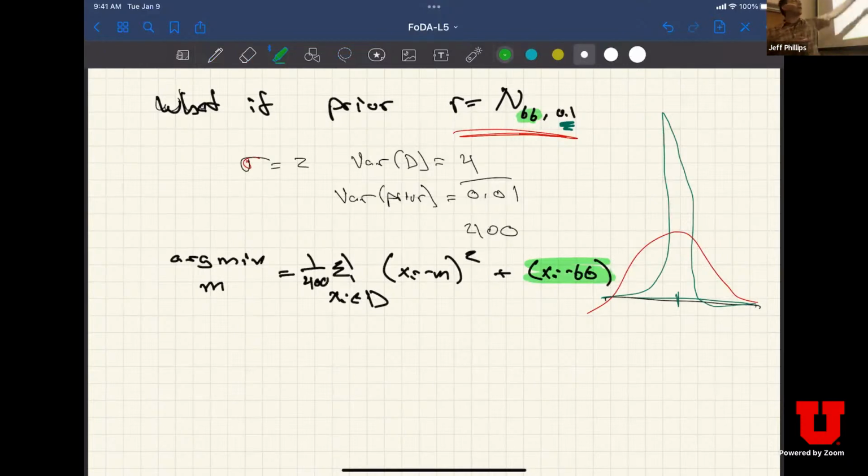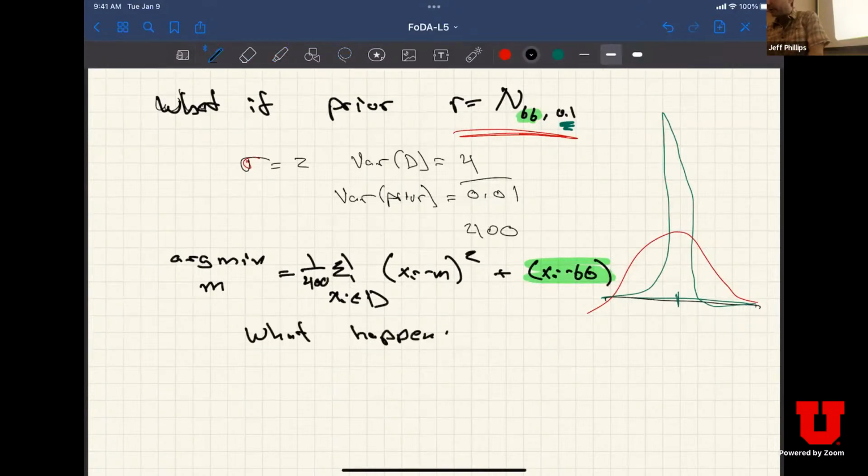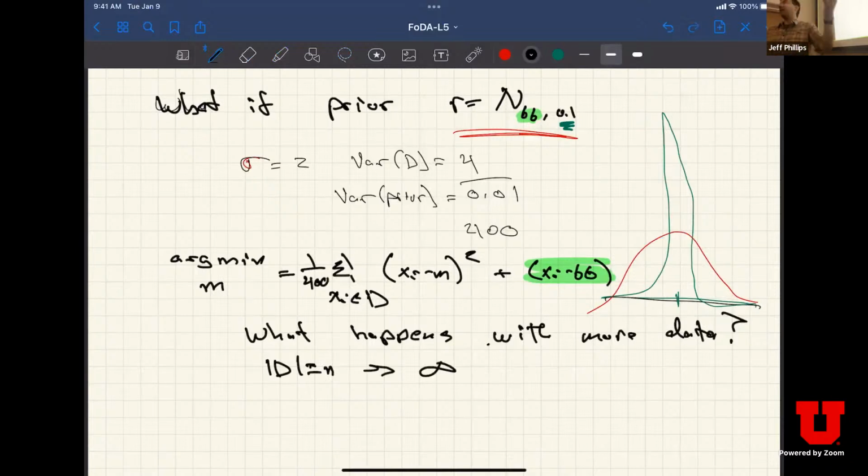On the other hand, the other interesting thing to see is what happens with more data. What happens as I get more and more data, right? Let's say the size of D, my data set, I'll typically say this is N, and as this goes to infinity, I collect more and more data.